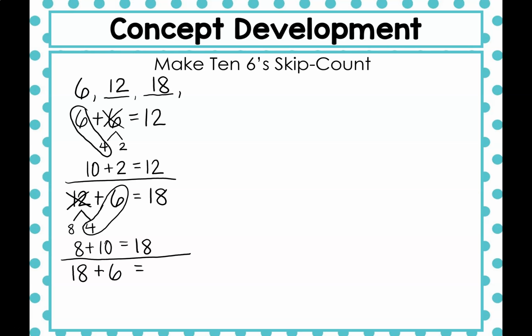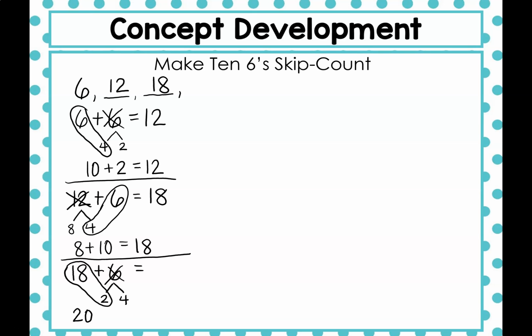Okay, let me show you. So we're going to break down 6 into 2 and 4. Okay, so we're going to cross off the 6. Then we're going to add 18 and 2. What would that be? 20. Okay, 18 is super close to 20, which is a 10.